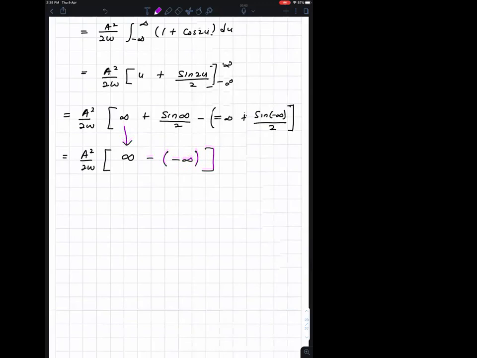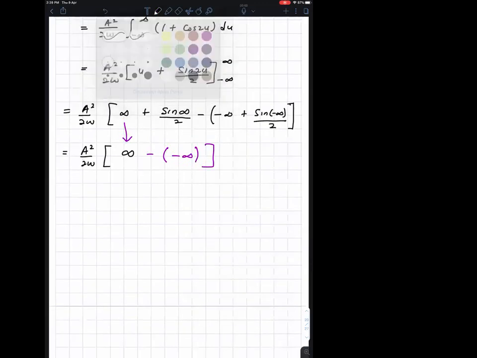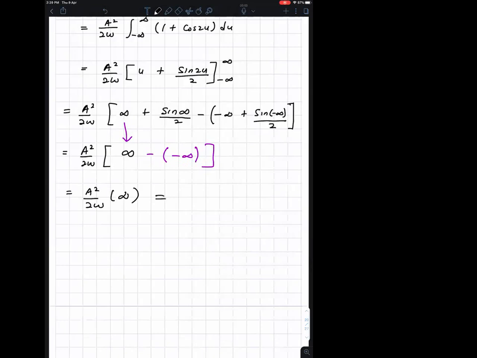Infinity minus minus infinity becomes 2 infinity, and finally it reduces to infinity, right? So the energy of the signal is infinity. So it is not an energy signal.